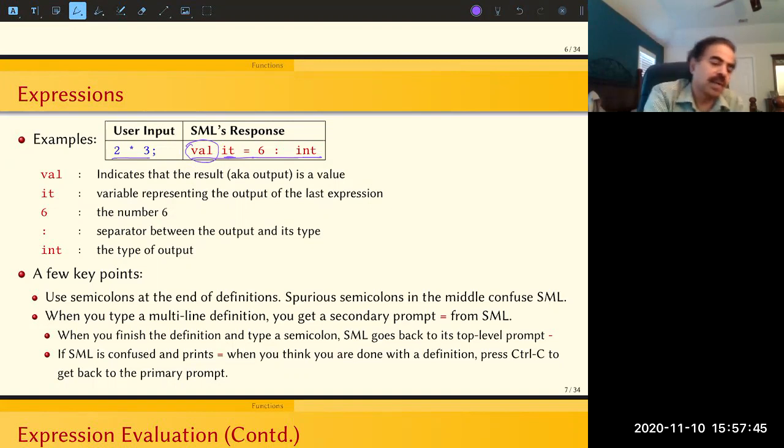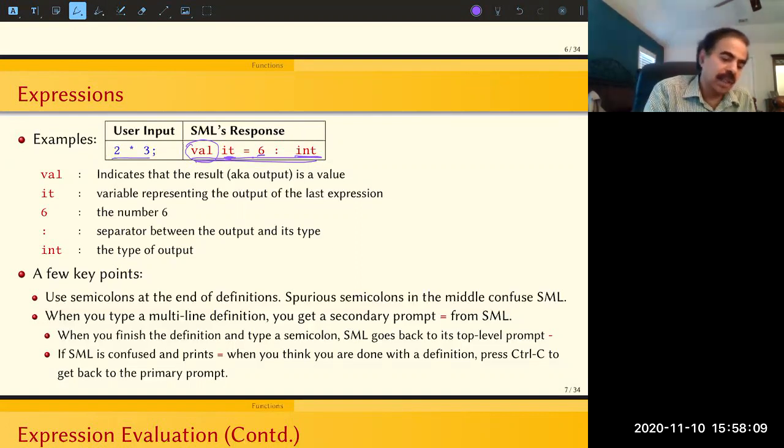Okay, so it's saying that the last thing I evaluated yielded a value 6, and it is of integer type. So 2 times 3 is a value, the value is 6, and it is an integer type value.